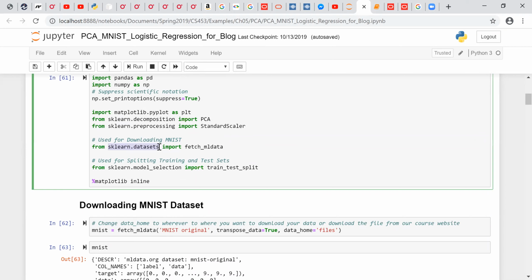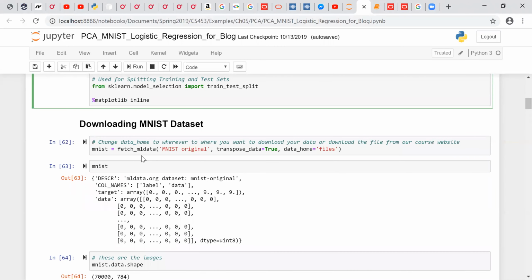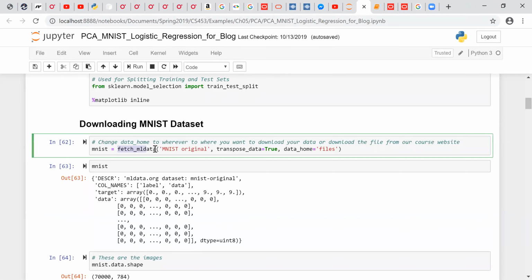With the sklearn datasets, if you import fetch_openml, you can just call it and specify that here you want MNIST. MNIST is over thousands of images, over here it says 70,000 images.